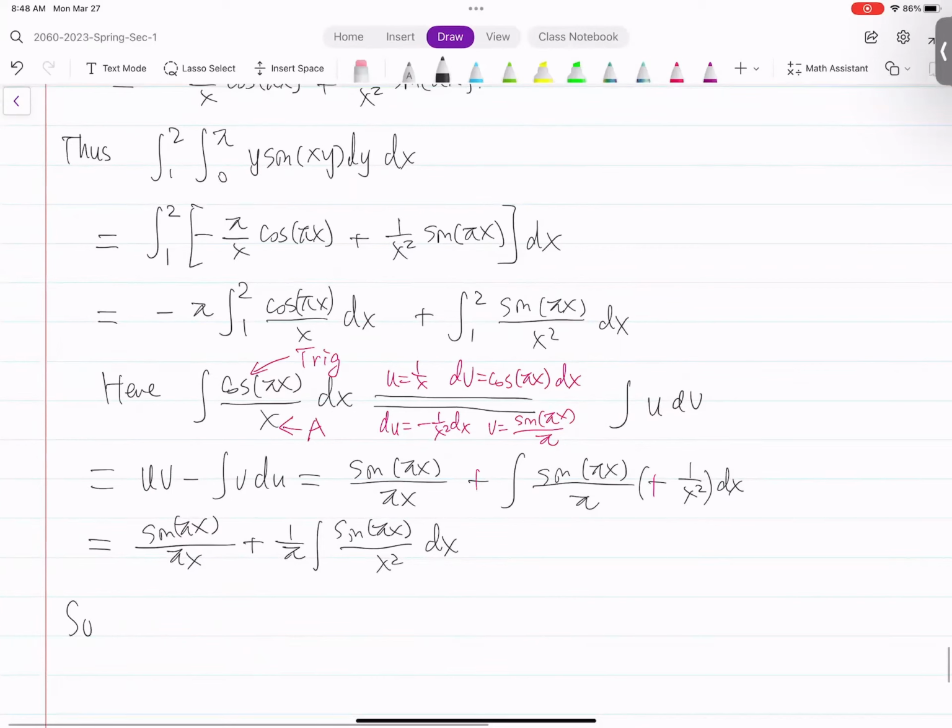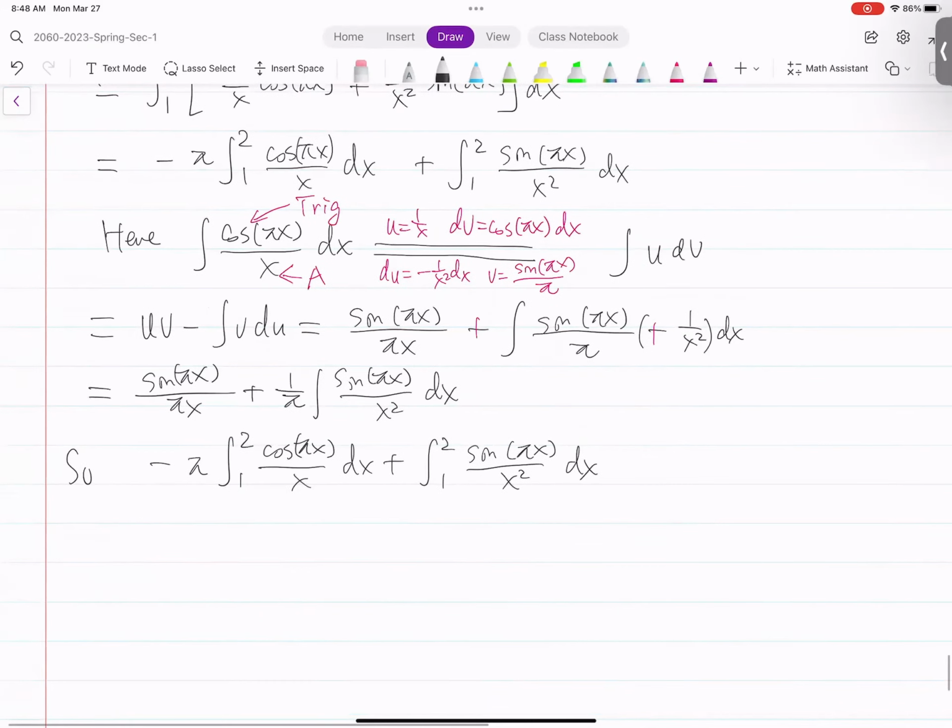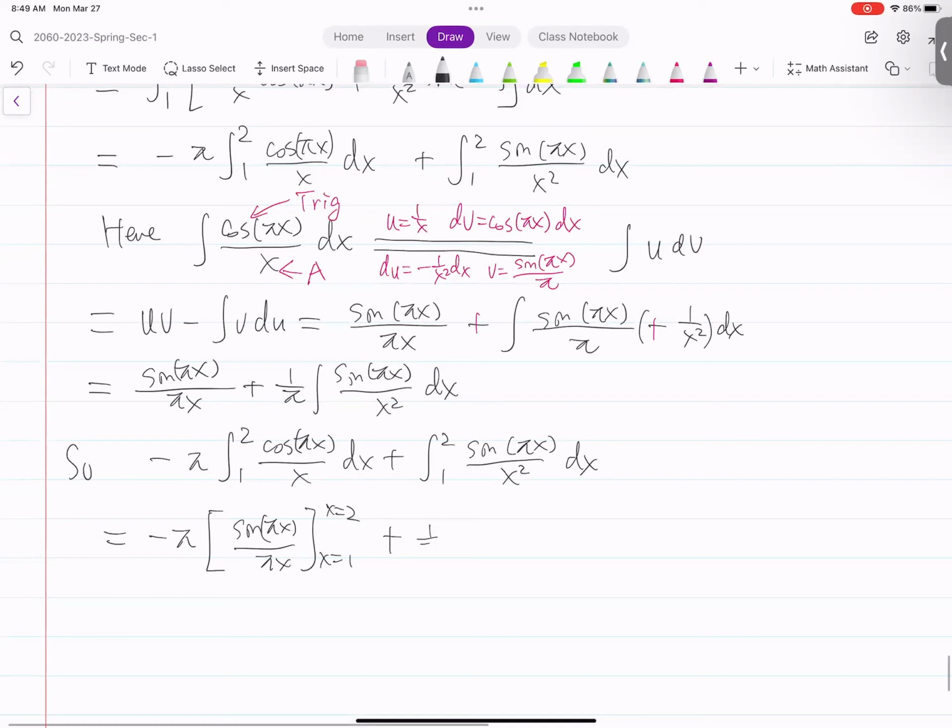So negative pi times the integral of cosine pi x over x, plus the integral of sine pi x over x squared, will become, after substitution, sine pi x over pi x, evaluated at x equals 1 and x equals 2, plus 1 over pi times the integral from 1 to 2 of sine pi x over x squared.